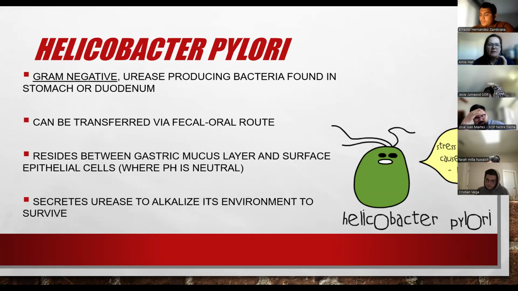It's going to reside between the gastric mucus layer and the surface epithelial cells because it wants to be in a neutral pH. Between the gastric mucus and the epithelial cells, the pH is neutral. So that's why it secretes the urease so that it can survive. Your stomach acid is acidic, and the H. pylori wants a neutral atmosphere, so they're going to secrete urease to neutralize that gastric acid so they can survive.